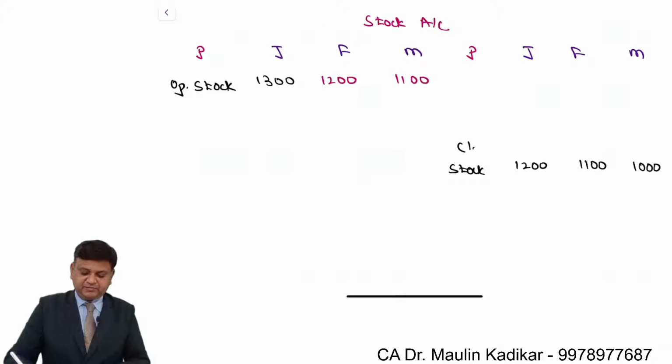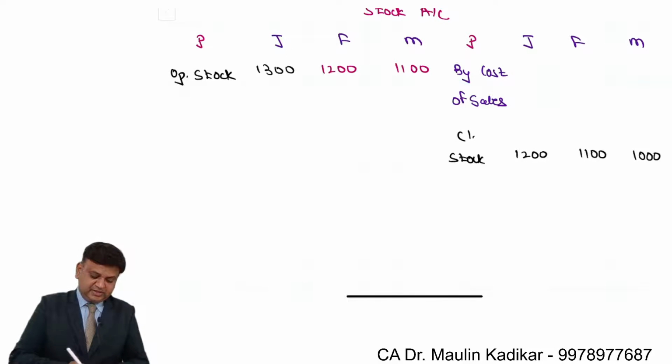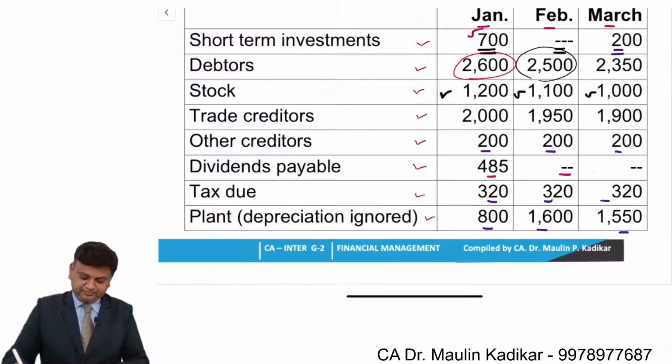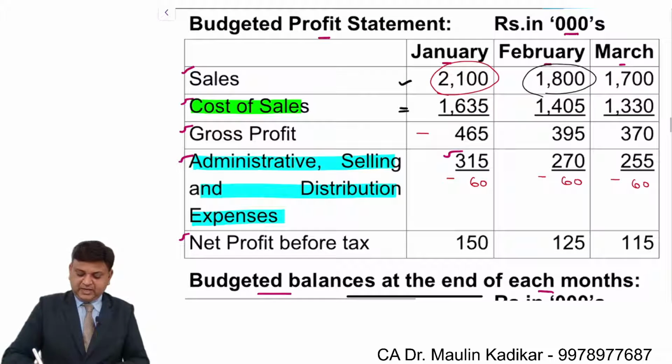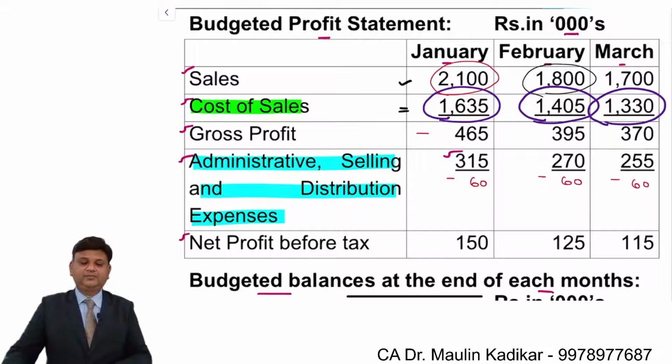That is the way we can mention the stock. On the credit side of the stock account, we will have by cost of sales. What is the value of the goods that we are selling on monthly basis? It is 1635, 1405 and 1330.